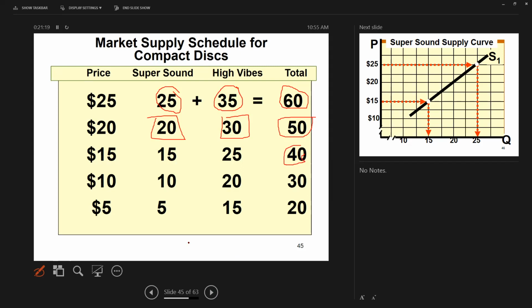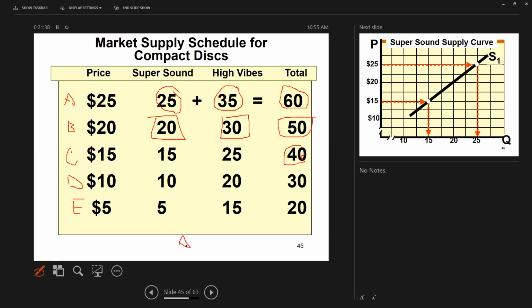So what I want you to do is write these points down. We'll call them point A, point B, point C, point D, and point E. Give me their coordinates. I'll do the first one for you, but you're going to do the rest.